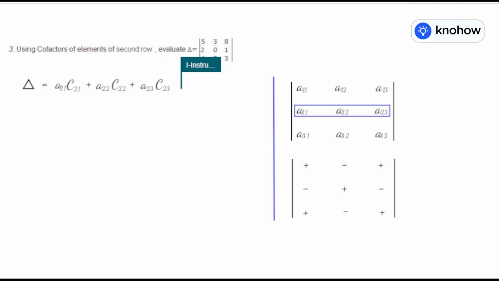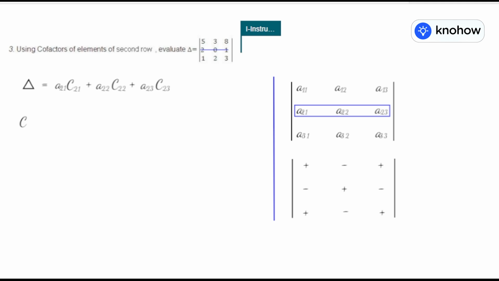Though, as I told you earlier, a determinant can be expanded with respect to the elements of any one row or column, but he wants you to expand it in the question with second row. So before we substitute the values of the elements of second row, that is 2, 0, 1, let us work out the corresponding cofactors. What is C21?